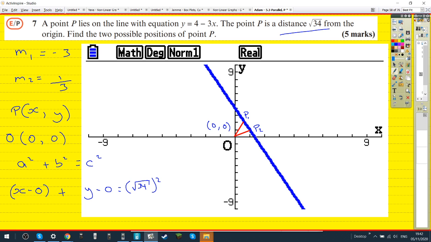And these are also squared. What is x minus 0? That's just x, so that's x squared plus y squared equals 34. So we know x squared plus y squared gives us 34. We also know that y equals 4 minus 3x.